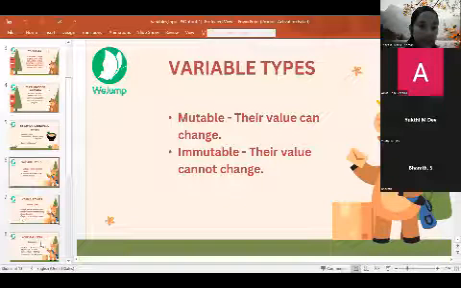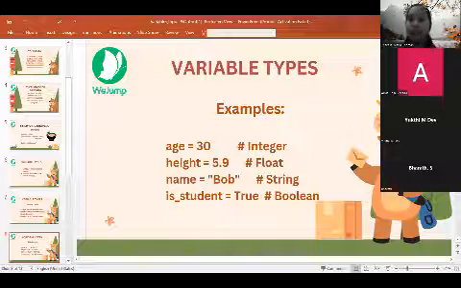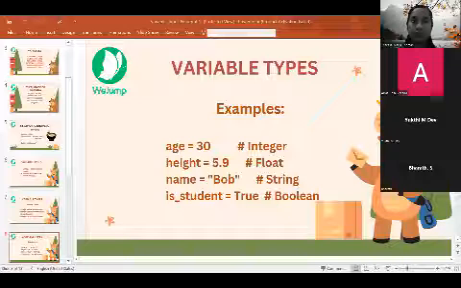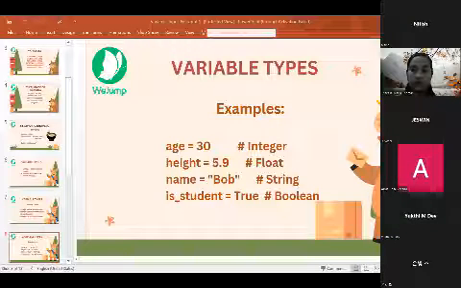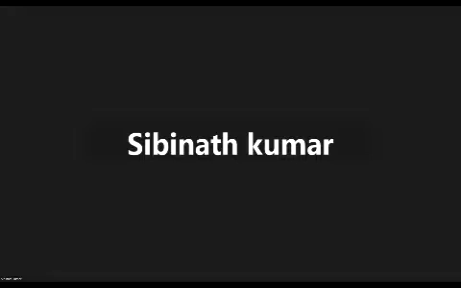And then can anybody tell me an example of float with the definition? Can anybody tell me an example of float? 3.7. Okay. Now, can anybody tell me an example of Boolean?